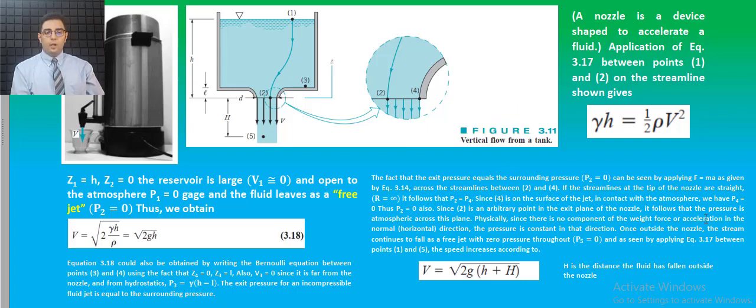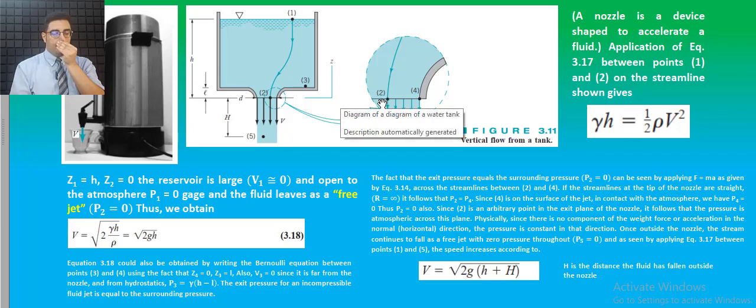Also we are having no components of weight force, so the total pressure at point 2 is equal to P4, equal to 0.